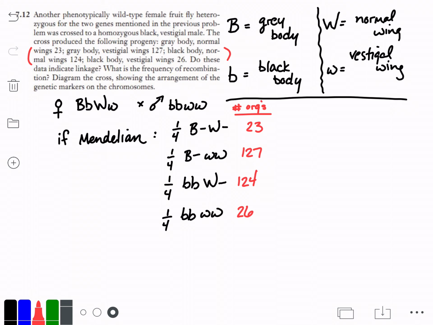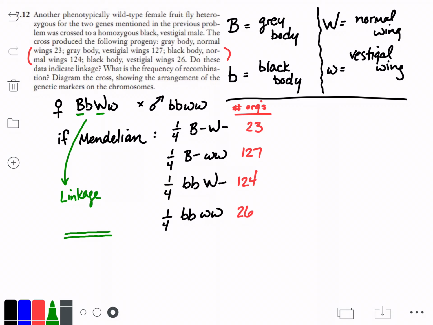Now we know that our female that we were starting out with had a genotype that was dominant for both. Now that we're considering linkage, we don't want to just write her genotype as we have before. We'll want to write it in a linkage genotype, and so we'll consider where on the chromosomes those two alleles are.